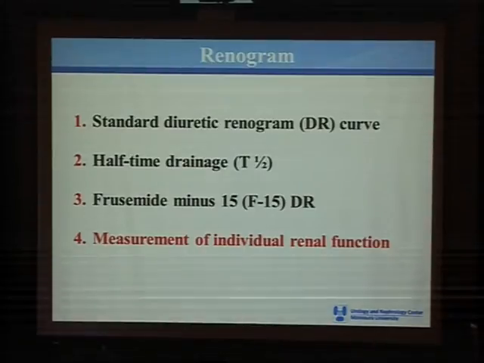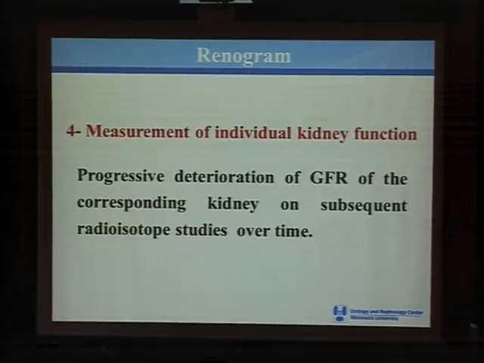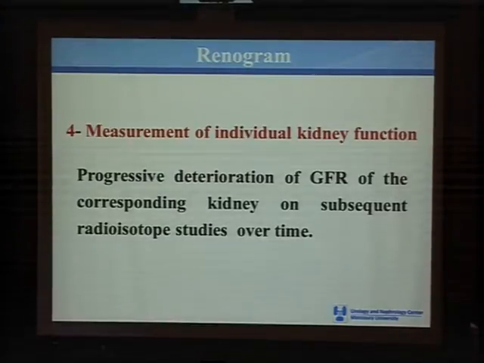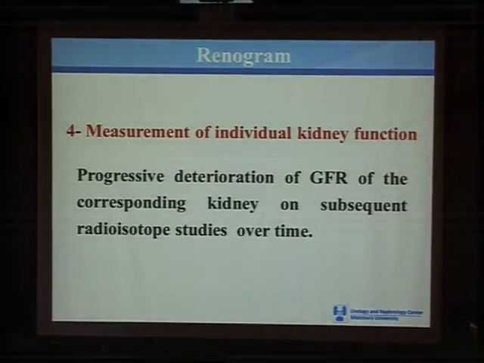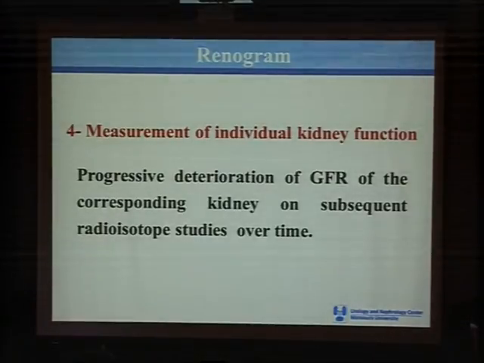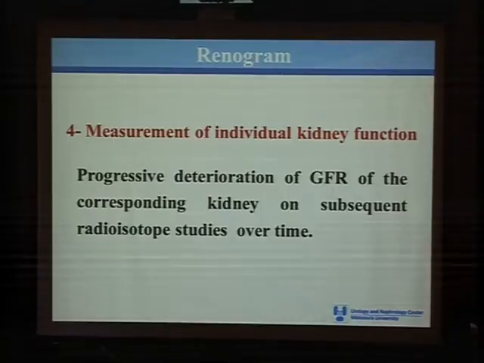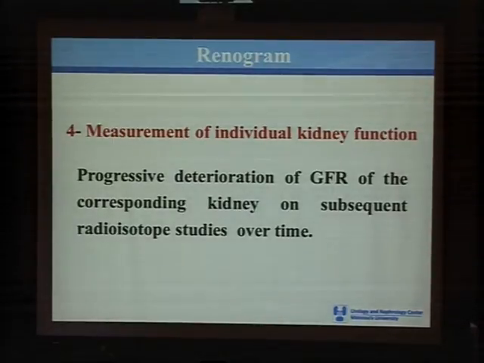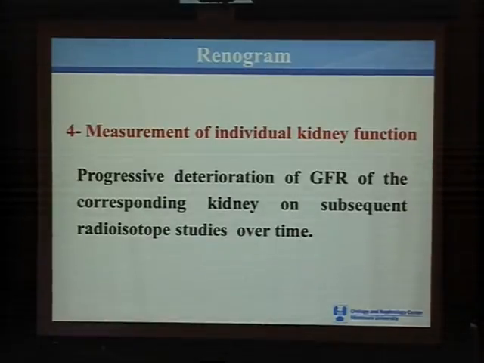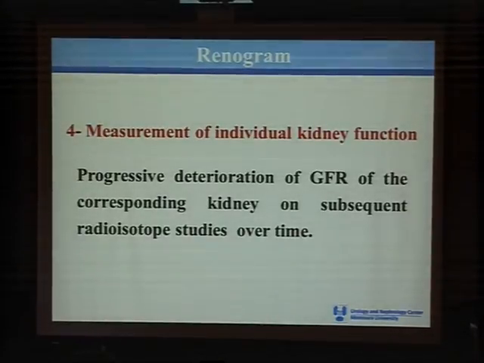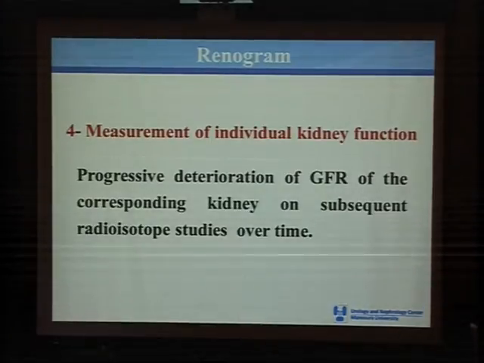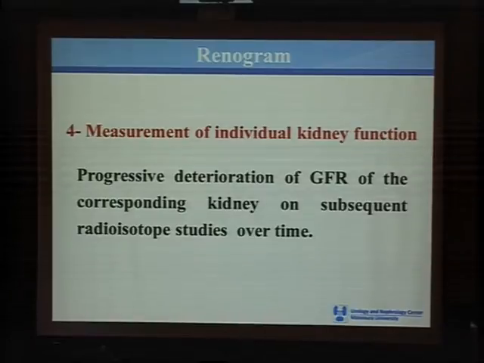Then the last item is measurement of individual renal function. Sometimes you did all of these tools of renogram and you didn't get an answer whether this kidney is obstructed or not obstructed. What you are going to do is to follow up the selective renal function over time. Every 3 minutes, you repeat the radioisotope renography and you see the selective renal function.